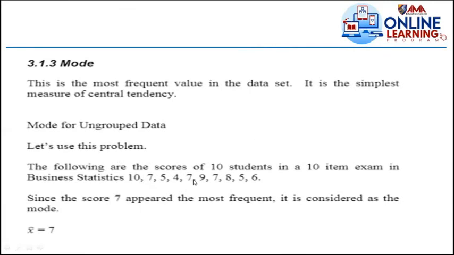The following are the scores of 10 students in a 10-item exam in business statistics. We have 10, 7, 5, 4, 7, 9, 7, 8, 5, 6. Since 7 appears the most frequently, it is considered the mode. So x hat is equal to 7.